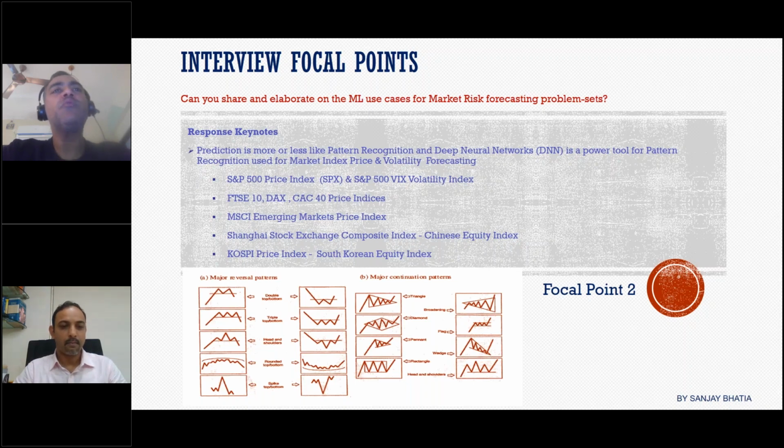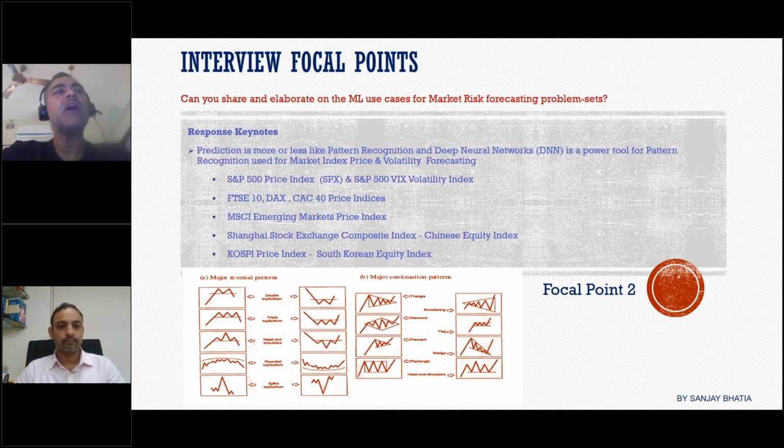And what do I mean by pattern recognition? Generally, there are a lot of patterns in the data, and you have to take the time series data, examine it, detect the right pattern and segregate that pattern from the noise of the data. Financial data is very noisy, so you have to segregate the signal from the noise, and these signals capture the patterns.